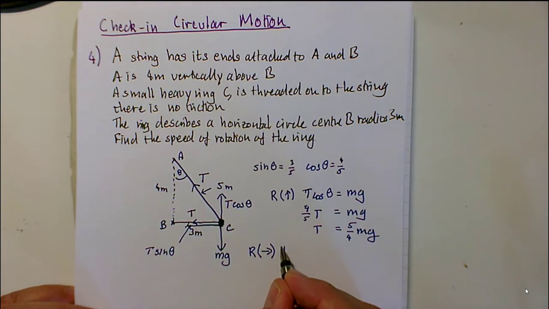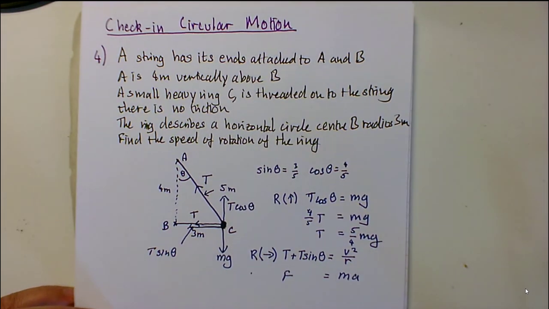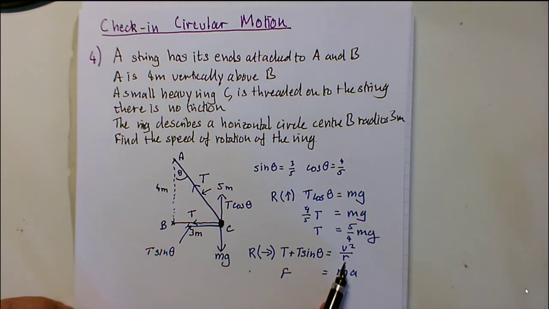So my total radial force towards the centre is T plus T sine theta. Now, using F equals ma, I can equate that to v squared over r. Oh, but I know what r is, don't I? And I know what T is too.